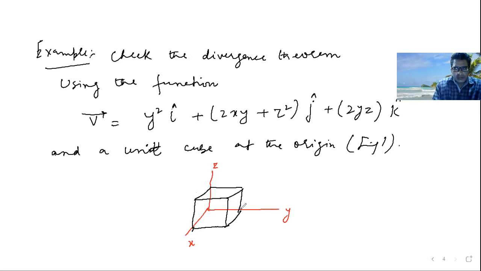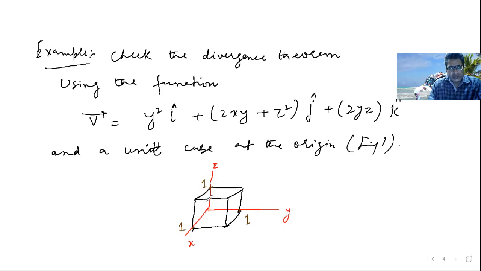The value of the coordinate here is 1. Here it is 1. Here it is 1. So it is a unit cube. Unit cube means its edges are 1 unit in length.